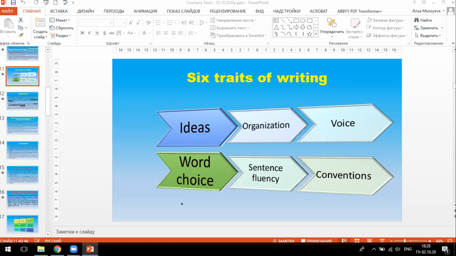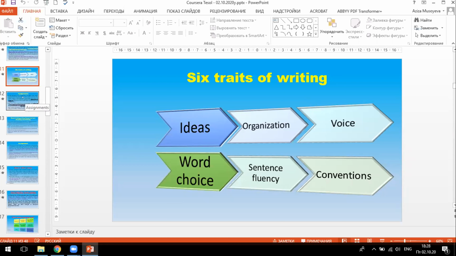And you know about sentence fluency, and conventions mean what kind of rules there are in your writing. For example, if they are writing on Microsoft Word, should they use 14 Times New Roman as a convention? It's very important that they know about it.